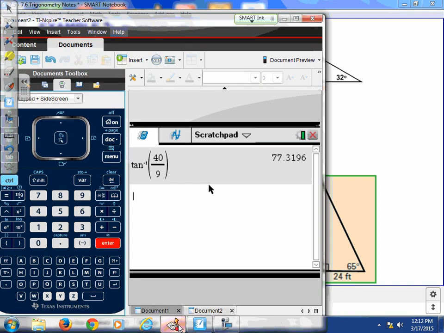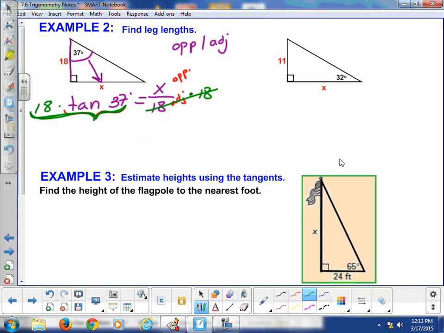And I will put in my calculator 18 tan 37, enter. And that length is 13.564. Let's write that down. 13.564, and that is the length of my x. All together. Got it? I didn't say to round to the nearest tenth, so we'll just leave it as that.